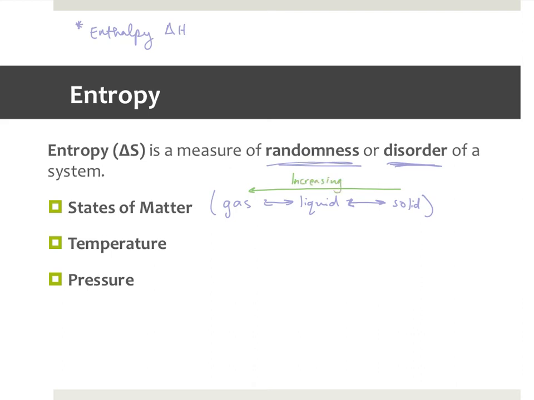Because solids are the most structured, most orderly substance. And so if you're going to the gas, you're breaking those bonds, you increase the randomness and reduce the structure. So you're increasing entropy. Whereas going from gas to solid, you're increasing in order, therefore your entropy is decreasing.